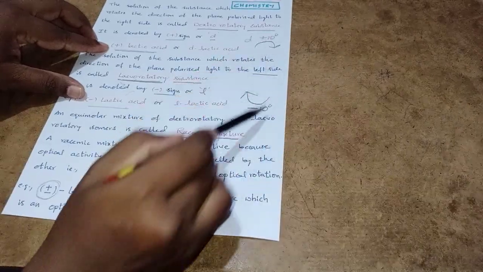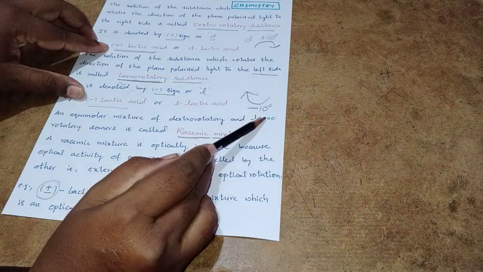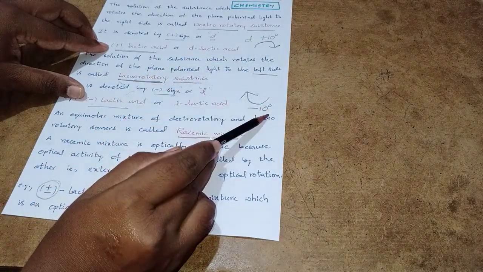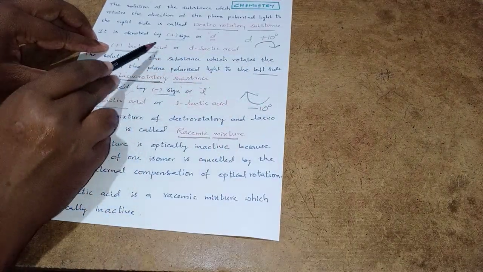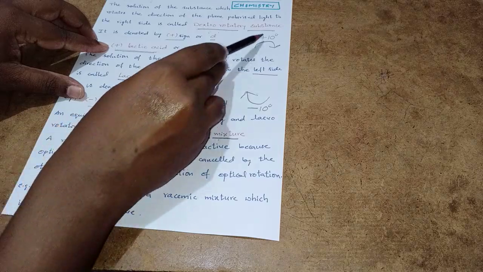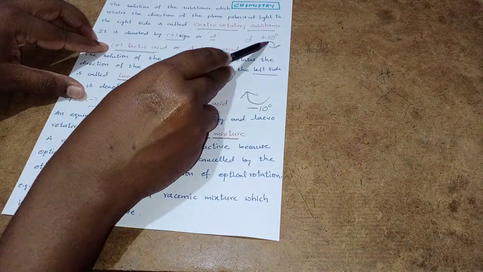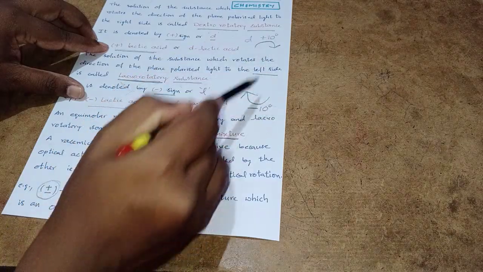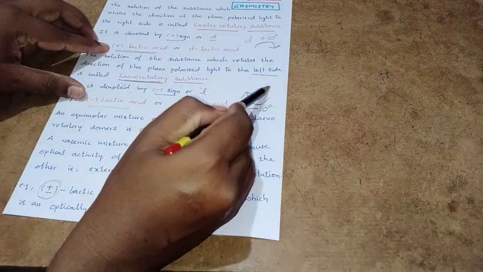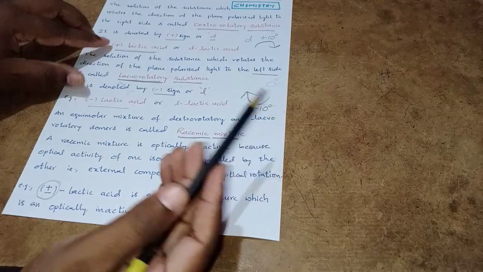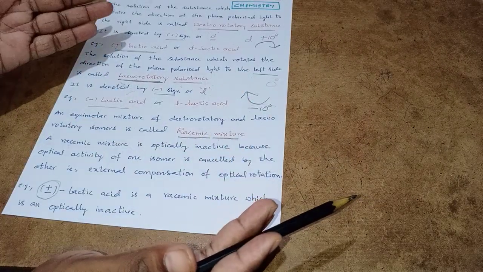Why is it 10 degrees? The magnitude is the same here. I am using the same magnitude because both are the same substance, lactic acid, but they differ in rotation only, plus and minus. So the net rotation is cancelled. It is 0, that means no rotation of plane polarized light.